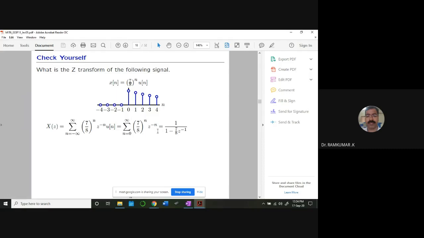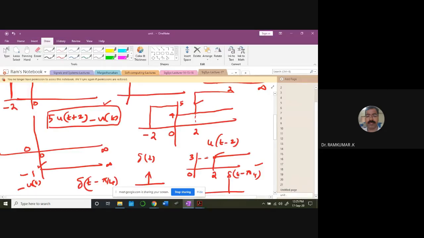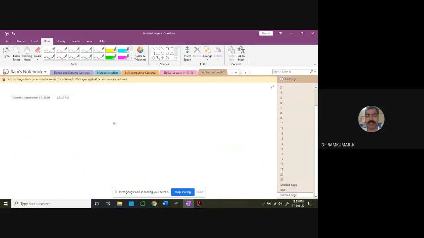What is this signal? Can you see the series here?